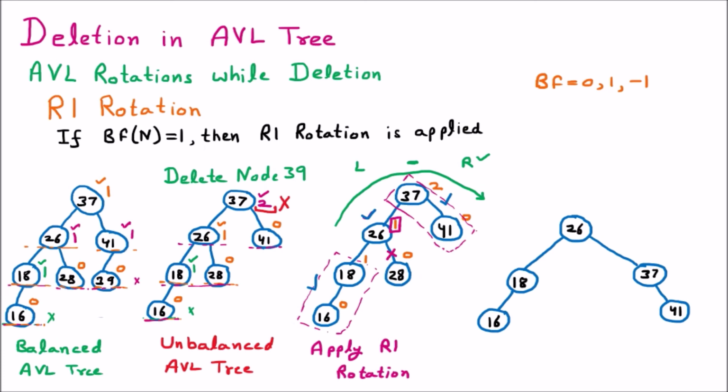Now we are left with one node, which is 28, which was earlier disconnected. Writing in between, 28. This 28 we have to connect logically. We know that 28 is greater than 26 but less than 37. So it will be connected here. So this is the tree which will come after the rotation.